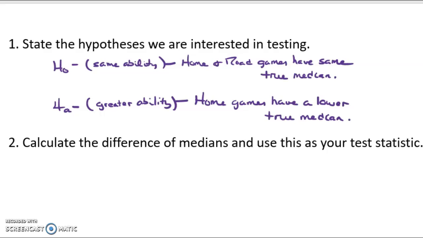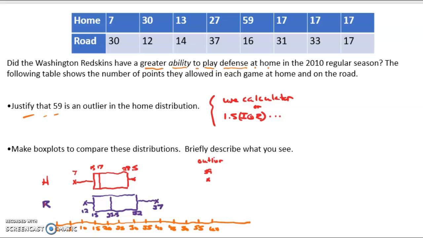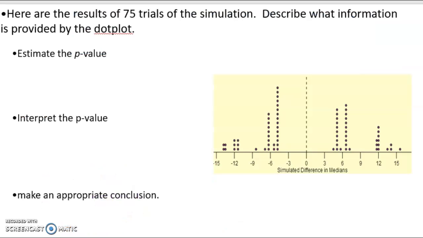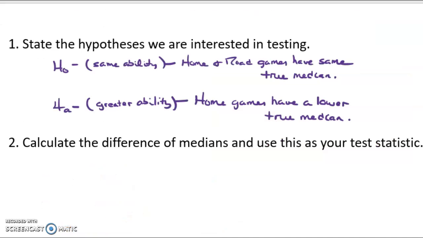So calculate the difference in medians using this as your test statistic. Hang on a second, let's go back. What was the median for the first one? 17 and then 23.5. Oops. So we're going to do home minus road.